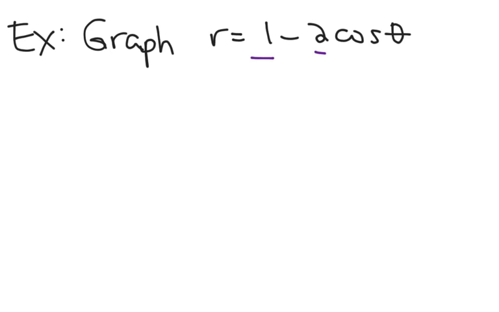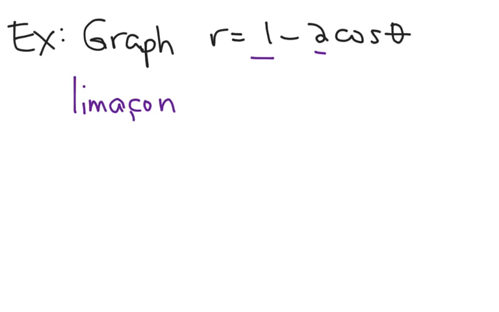But what if the value that's independent of the cosine or sine is smaller than the one being multiplied by the sine or cosine? What we're going to get are these loops inside the graphs. And these little loops are going to make our equation or our graph be known as a limacon.